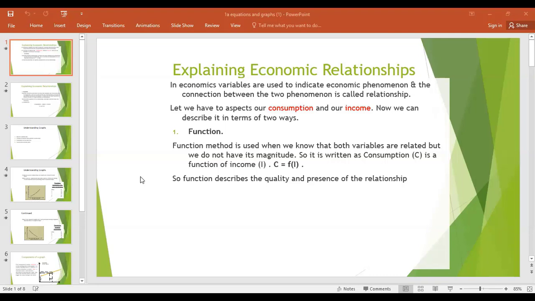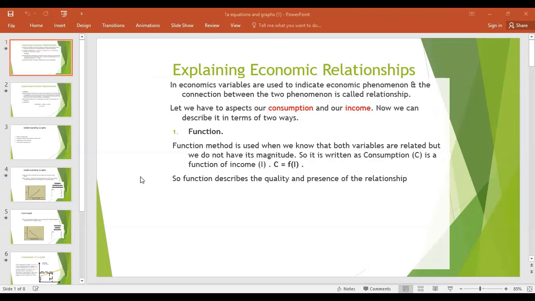Okay. So function describes the quality and presence of relationship, not how much they are, but the degree of their relationship. So we can say that customer service in an aeroplane will increase customer retention or customer loyalty.